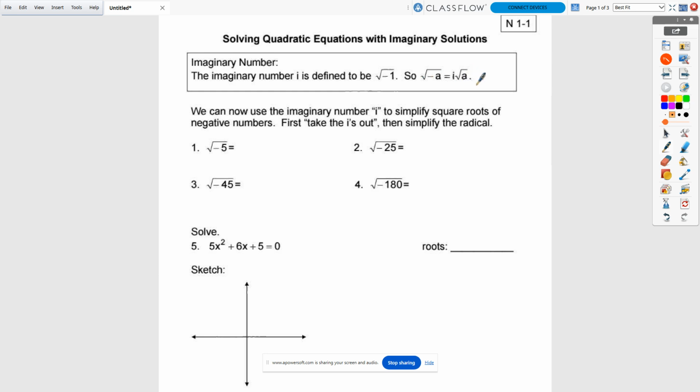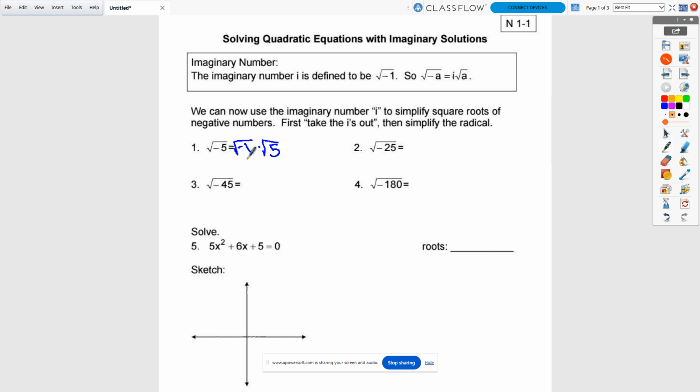So if I had down here the square root of -5, I'm going to rewrite that as the square root of -1 times the square root of 5, because -1 times 5 would give me that -5.